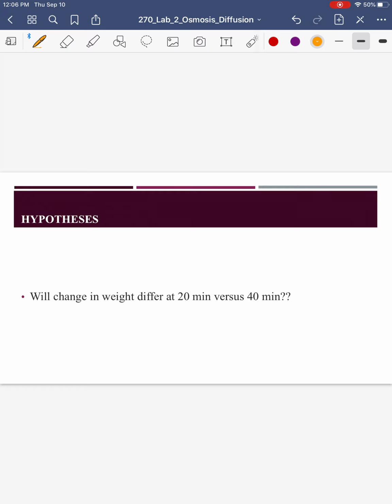And here's my next hypothesis question for you. If we have time 0, 20 minutes, and 40 minutes, we already saw what happened between time 0 and 20 minutes.